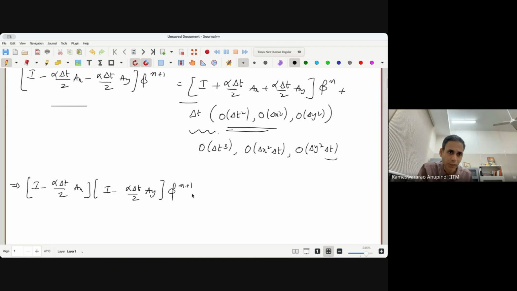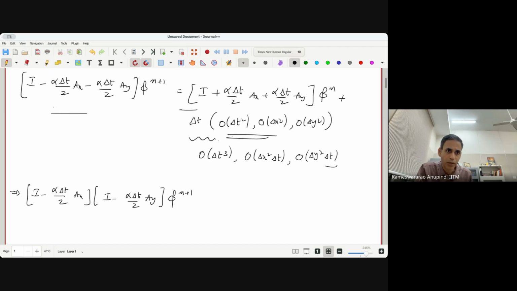Now, as you can already see, this is not equal to this product. There are extra terms introduced which are not there in this term. When you multiply I with I, you get this I. When minus alpha delta t times ax is multiplied with I, you get this term. When minus alpha delta t times ay is multiplied with I, you get this term.